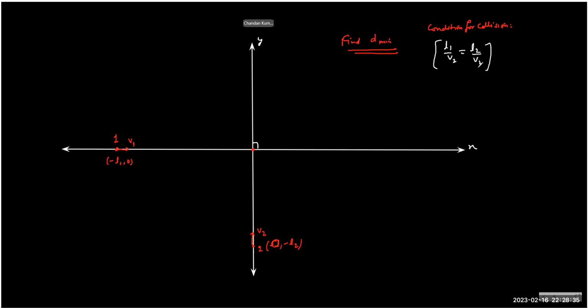You can use the vector formula directly to get the answer, or you can use the organic way of solving by making one of them the observer and the other the moving particle, and we'll get the answer. You can try for 2 or 3 minutes, then I'll solve. The question is, find D minimum and T for D minimum. Is the question clear to all of you?